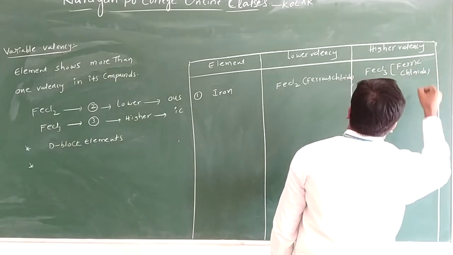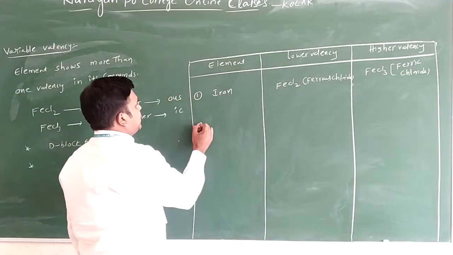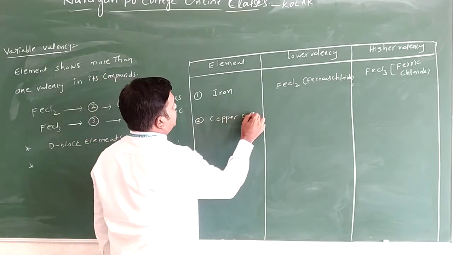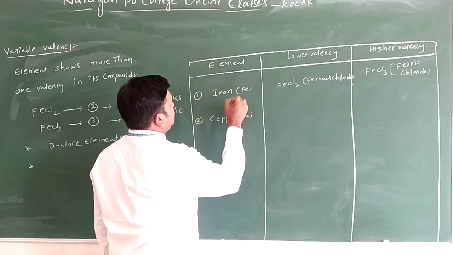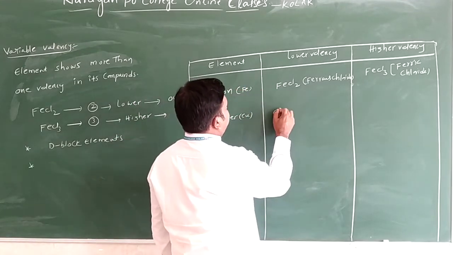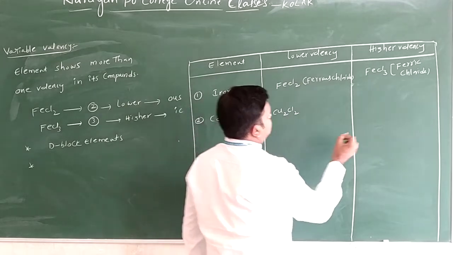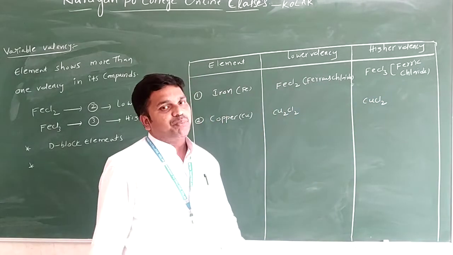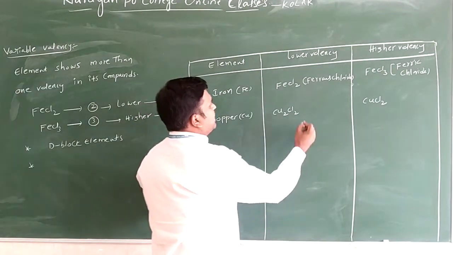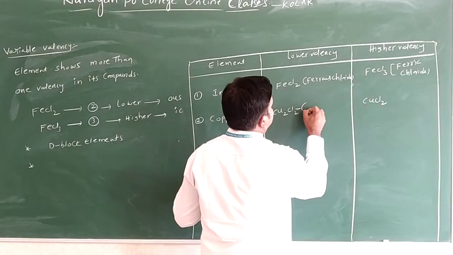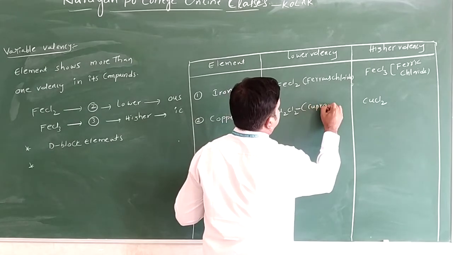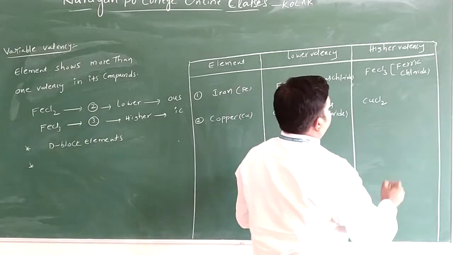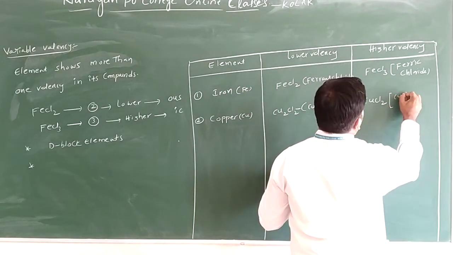If you want to take copper, the symbol is Cu. Here I am writing Cu2Cl2 and here CuCl2. Copper we call cuprous, so cuprous chloride, and here we have cupric chloride.